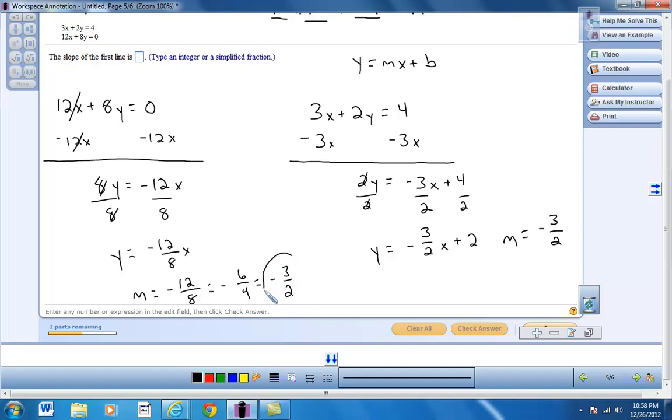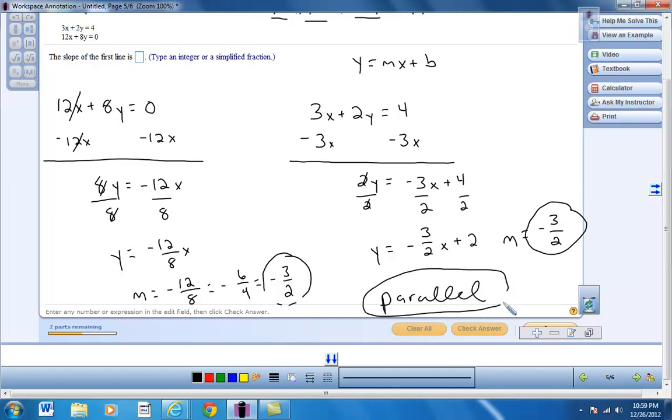Here we see our slopes are the same, so this is an example of parallel lines.